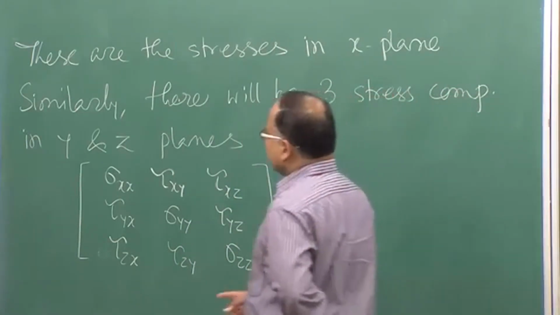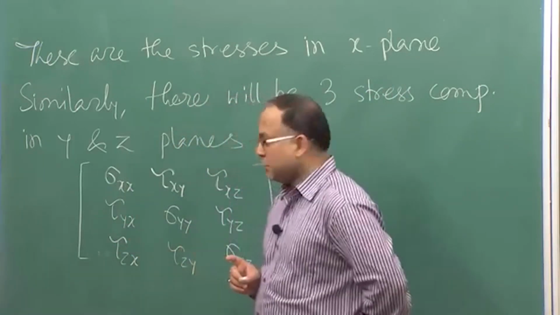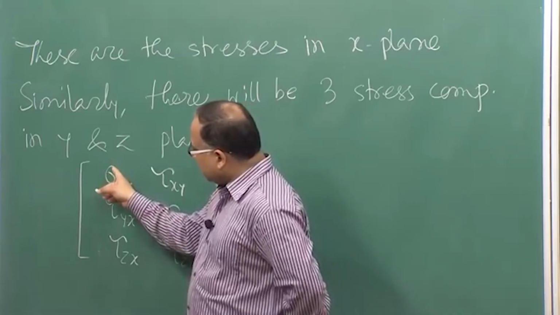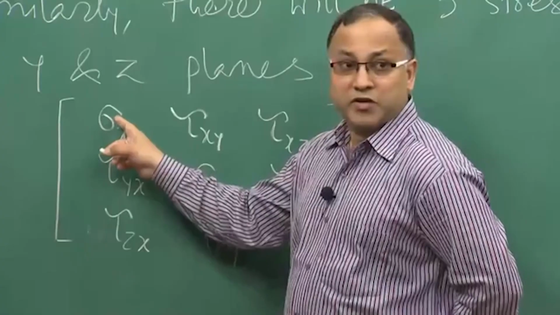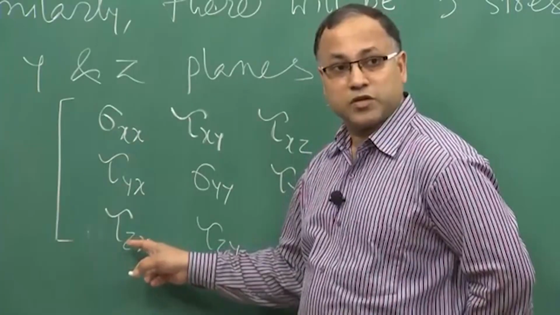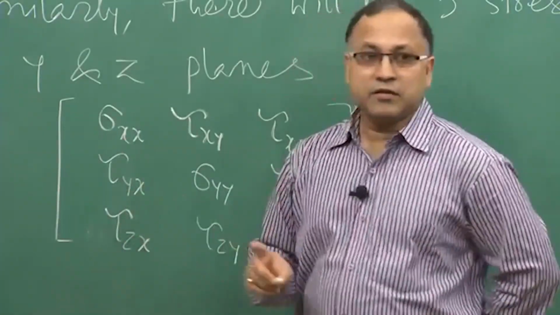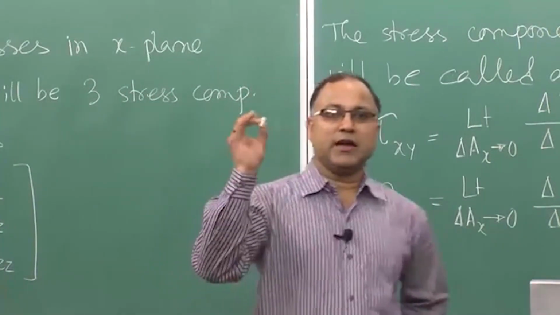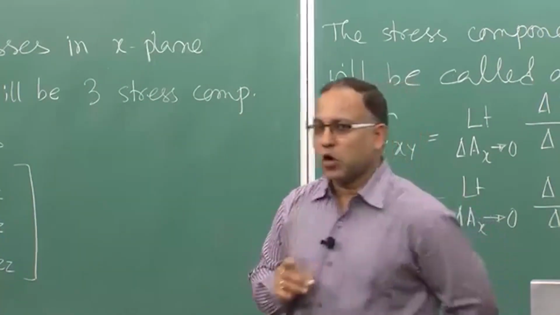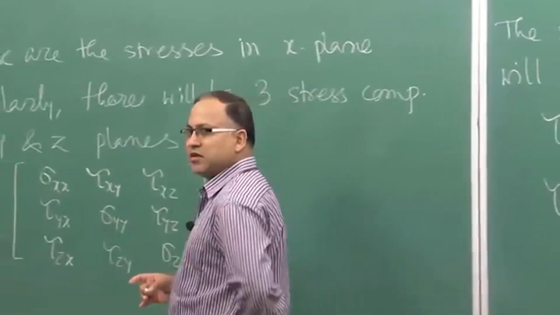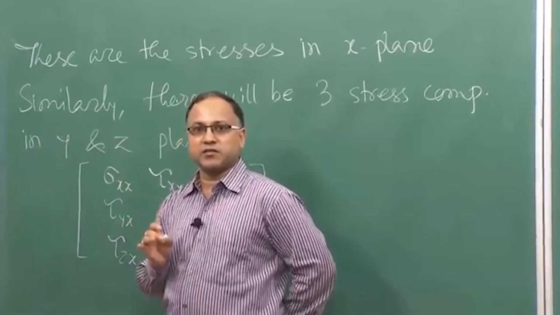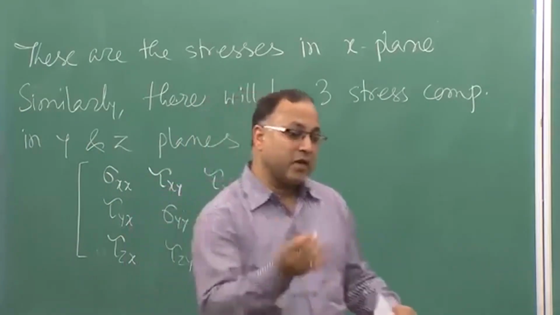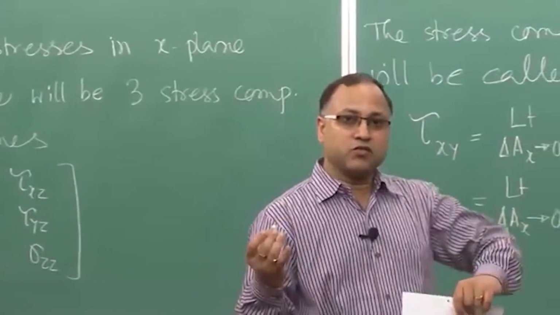Now, if you look column wise, what you are getting here is one normal stress and 2 shear stress components. So, they are defining the stress components along the x direction. The first column will define the stress components along the x direction. It could be on a different plane. It is not necessary that on the x plane only x direction stress will be there, right.